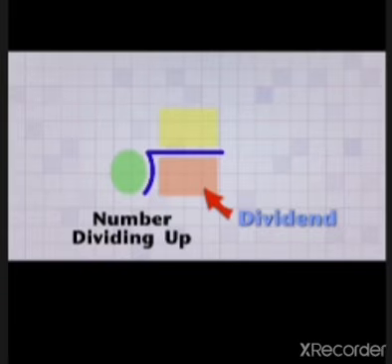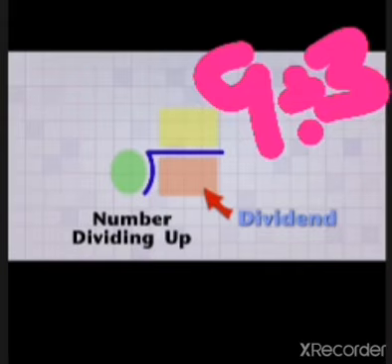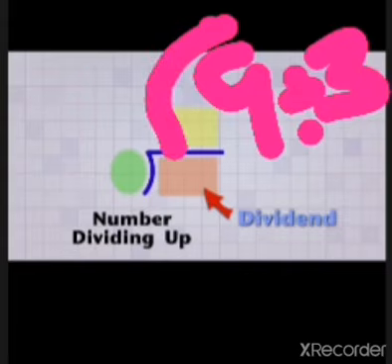Let's come to know what we put just below the horizontal line. Below the horizontal line, the number being divided up is put, and in mathematical terms it is known as the dividend. If we have an example like 9 divided by 3, in this example 9 is being divided up and 9 will be our dividend.